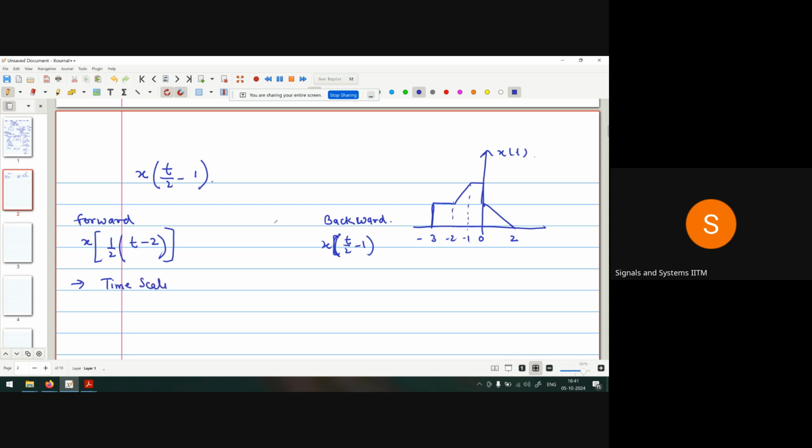Now, if we go with the forward approach, first is time scaling. Which type of scaling is that? It is expansion by 2. Second factor is time shifting.